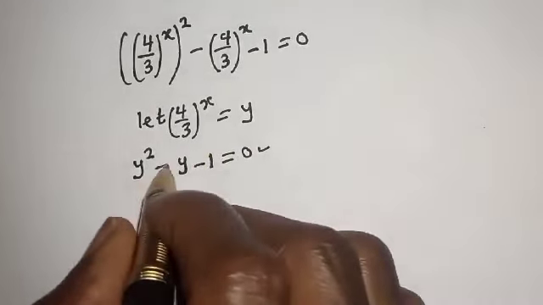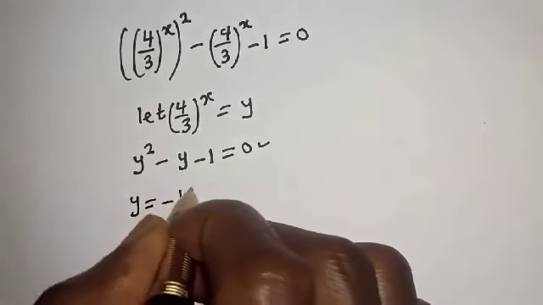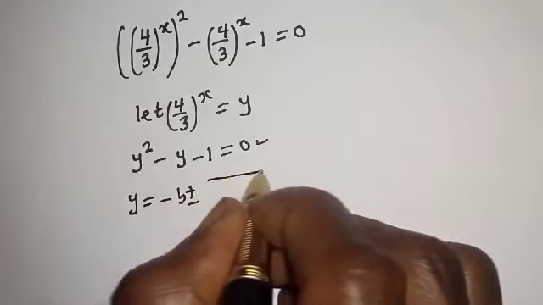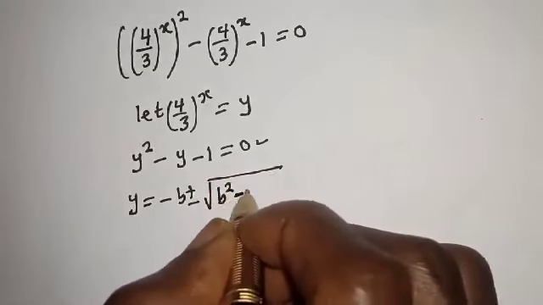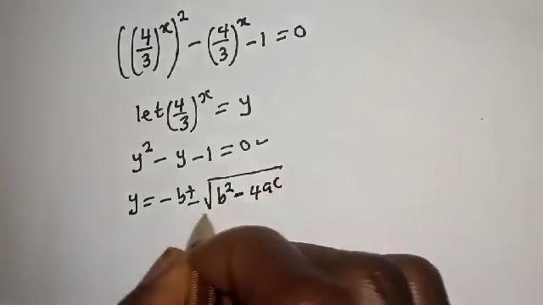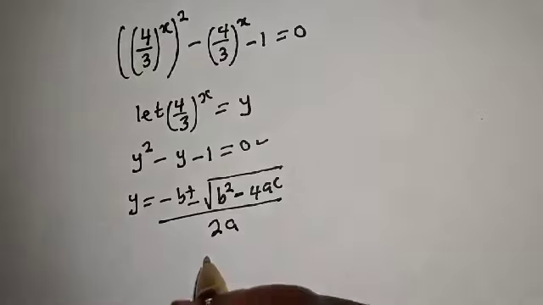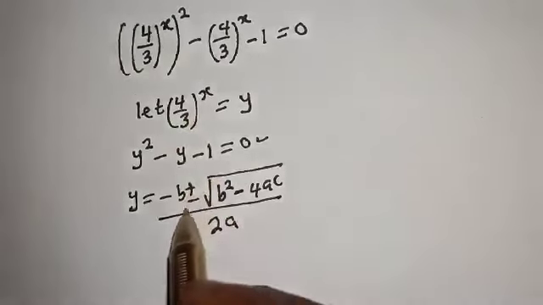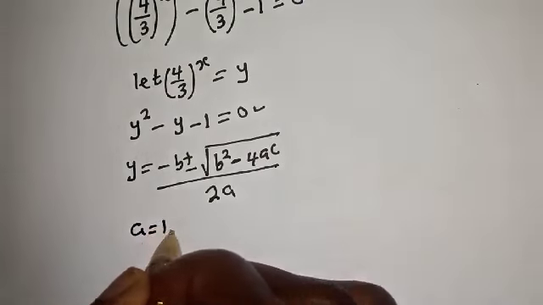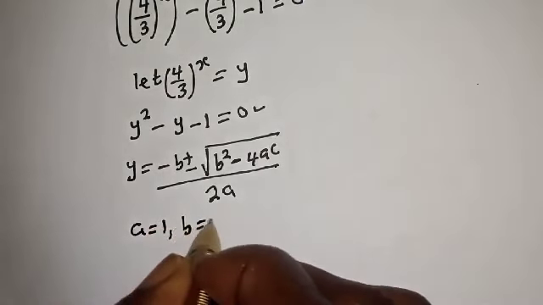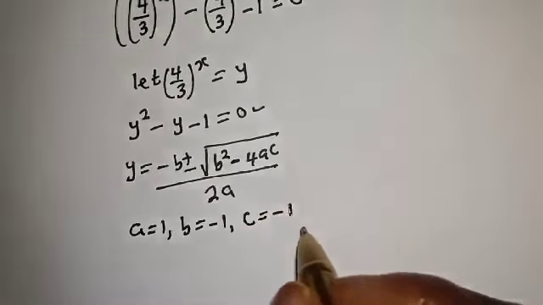And our quadratic general formula is given as y is equal to minus b plus or minus square root of b square minus 4ac over 2a. And from this equation, a is equal to 1, b is equal to minus 1, c is equal to minus 1.